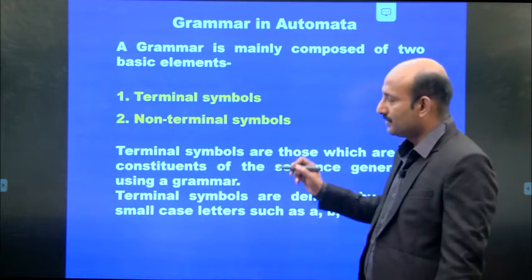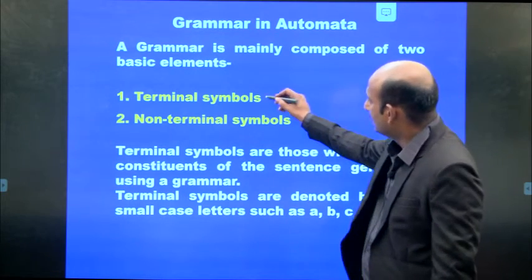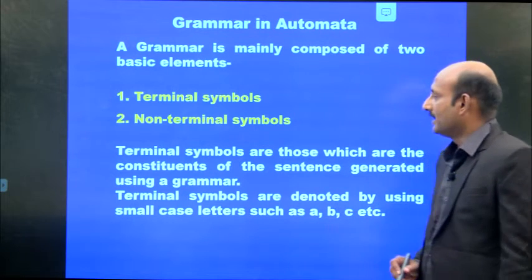First we are going to learn what terminals are.